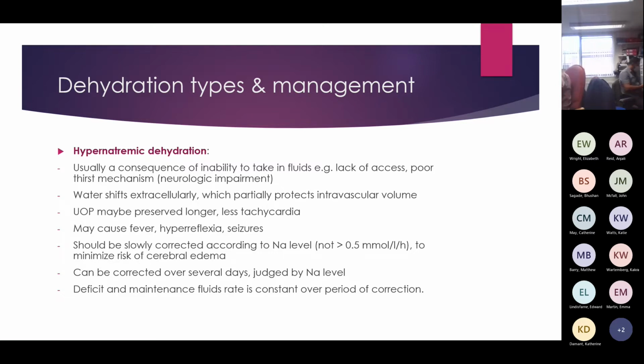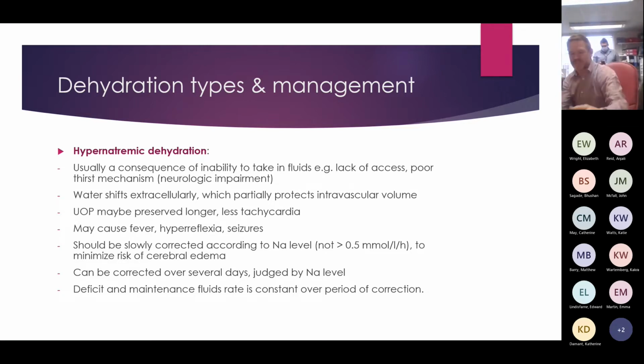So sometimes these patients can preserve the urine output a little bit longer, and they do not exhibit the classical signs of dehydration like tachycardia, or the tachycardia wouldn't be as severe or as obvious as it should be.